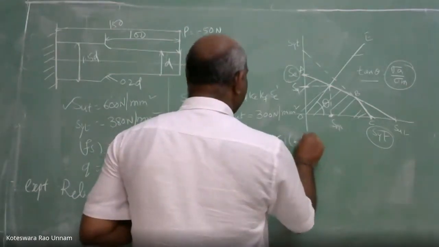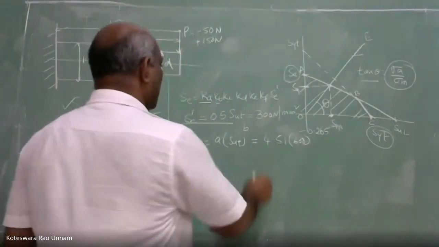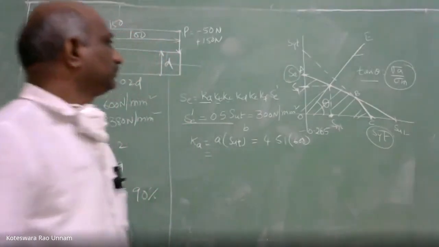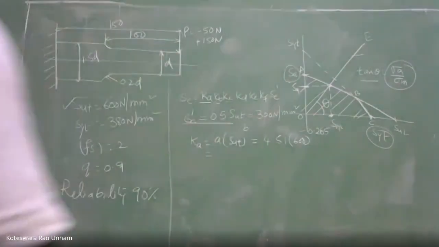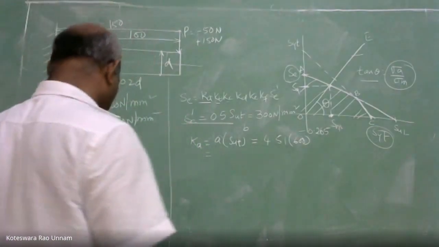SUT is 600, to the power B is minus 0.265. So compute what is the Ka value. 0.827.